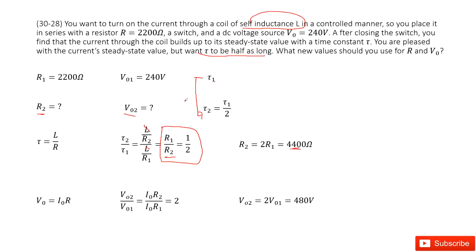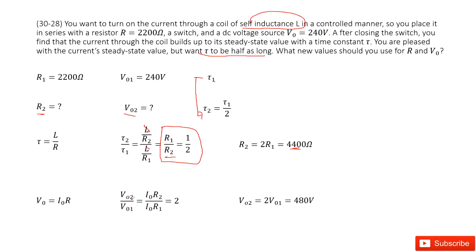The second one, we need to find the initial voltage V02, right? So how can we calculate the voltage initially? It is I0 times R, right? Yes. And so we write down the ratio.